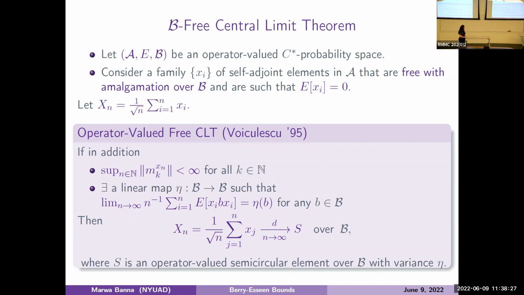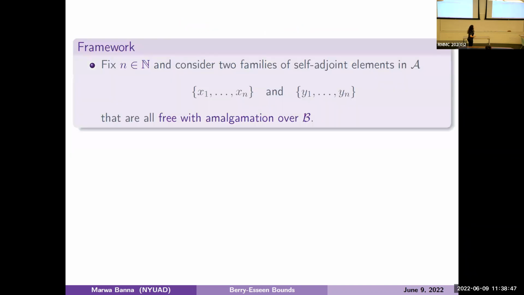In the free case, we have the semicircular element appearing in the limit. In this case, we have an operator valued semicircular element. And now the variance of this element is not a scalar anymore. It is a mapping.